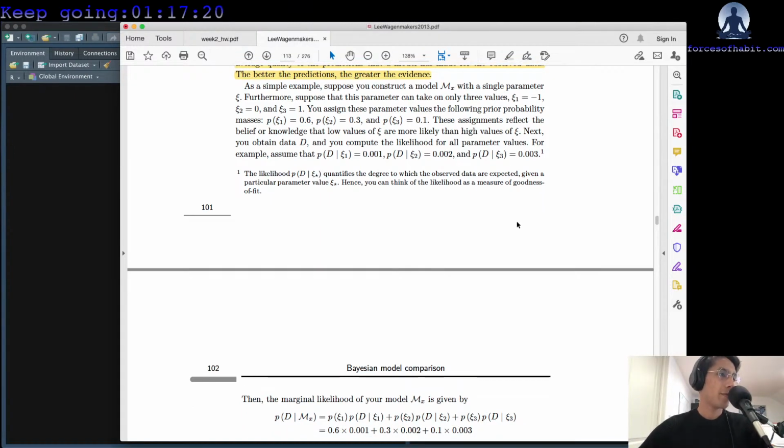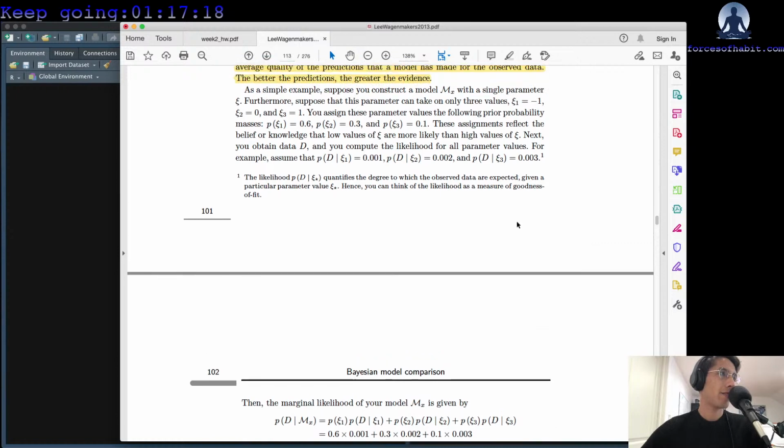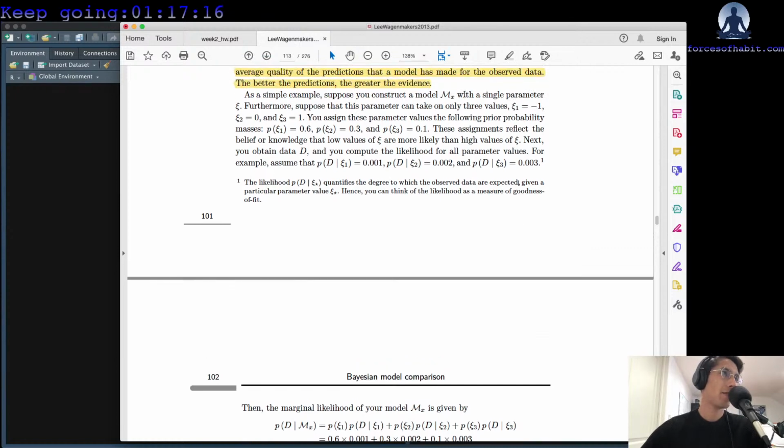So let's go through a simple example, an example that I think gets used in the exercises. We have some model with a single parameter. Suppose the parameter takes on this set of values, and for each of these values we can assign probabilities to these values occurring.